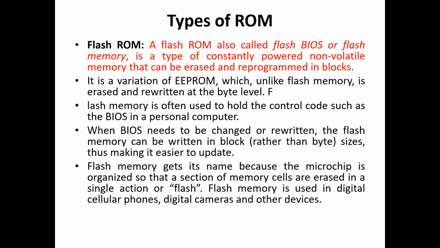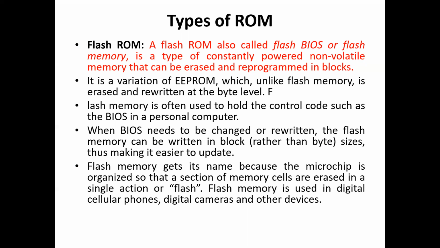Now the next type is flash ROM, or you can say flash BIOS or flash memory. It is also a type of non-volatile memory that can be erased and reprogrammed in blocks. It is a variation of electrically erasable programmable read-only memory.